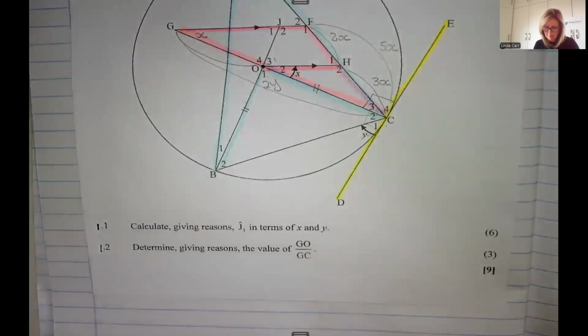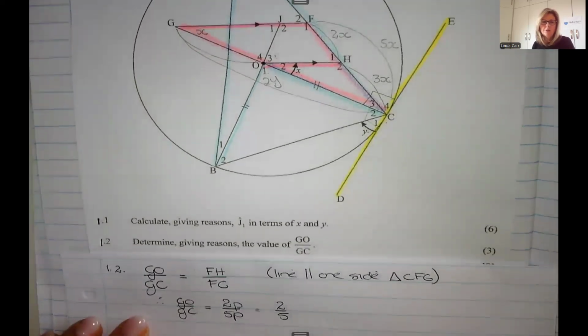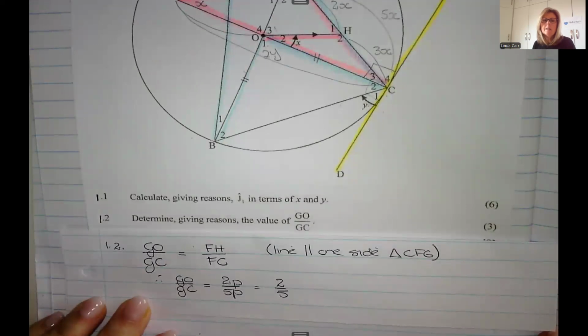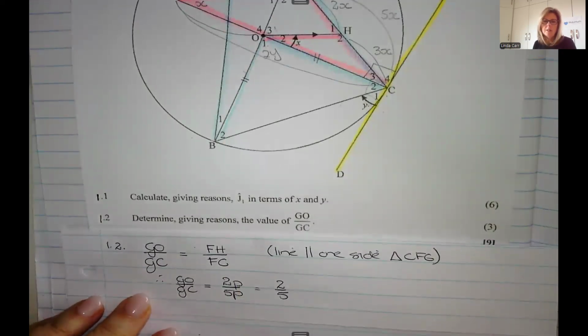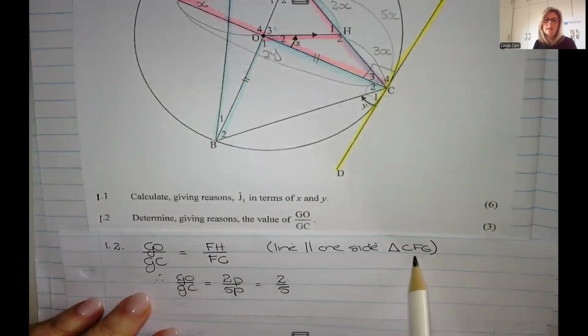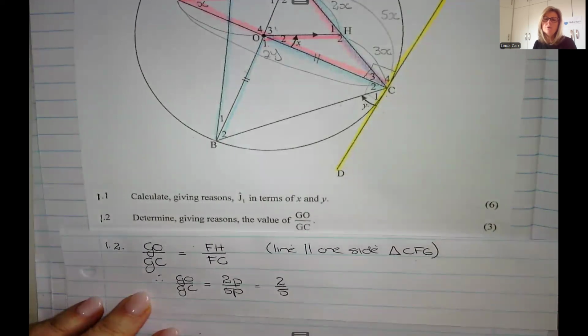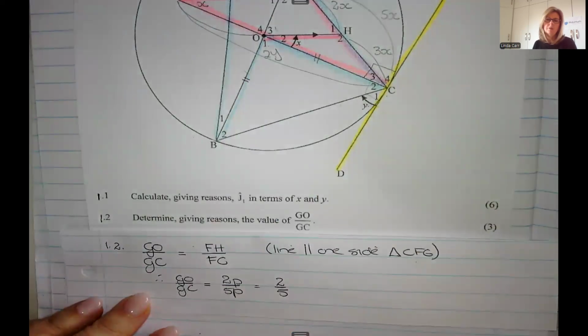So TV chef again. Let's have a look over here. So GO over GC is the same as FH over FC. Why? Line parallel one side of triangle CFG, or you could have said proper theorem, OH parallel to GF.